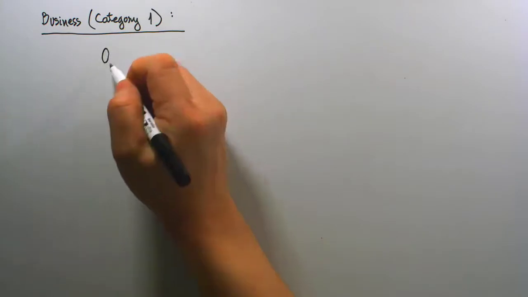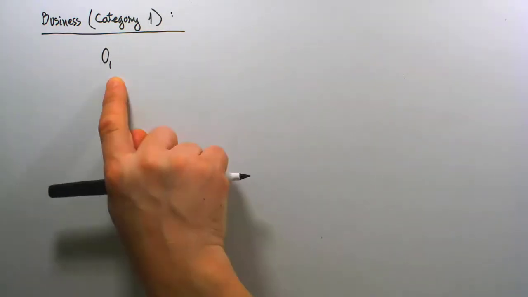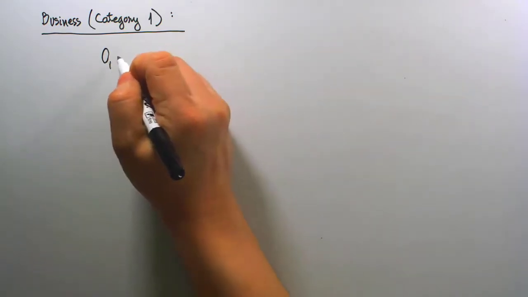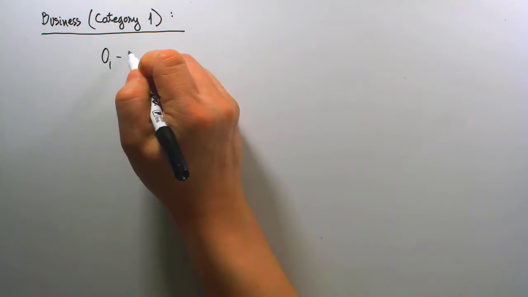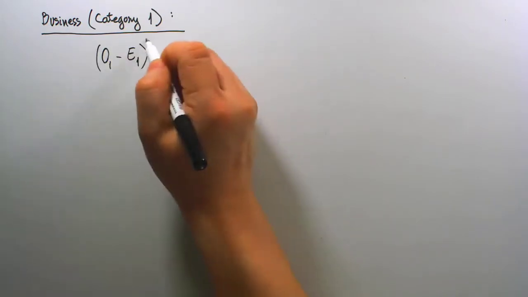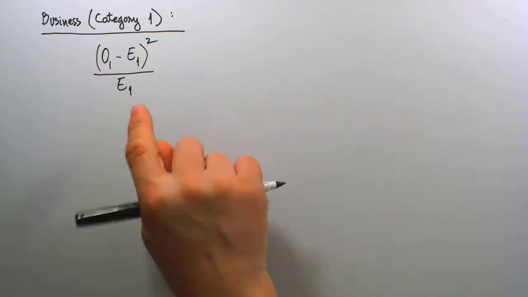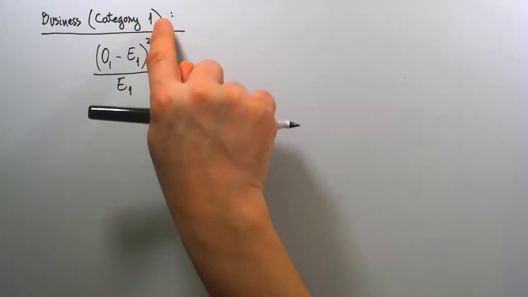So observed count in category 1, I'm now going to call that O1, and we don't need a subscript as a pair. So for the observed count in that entry, I'm going to subtract the expected count. Then I'm going to square the difference, and divide by the expected count for that particular category, namely category 1.